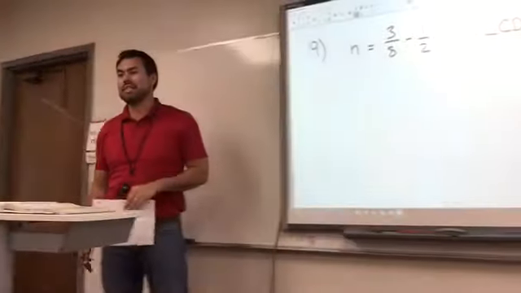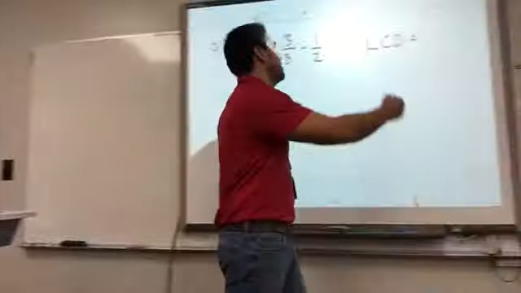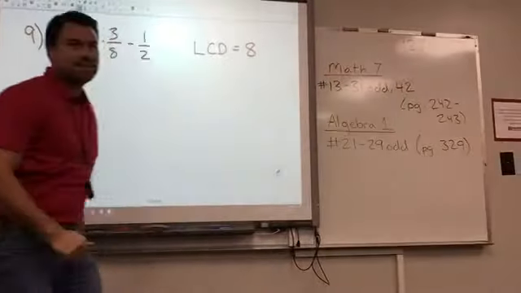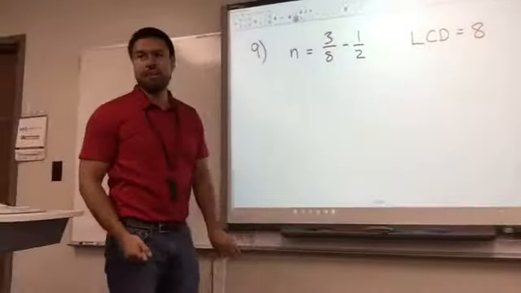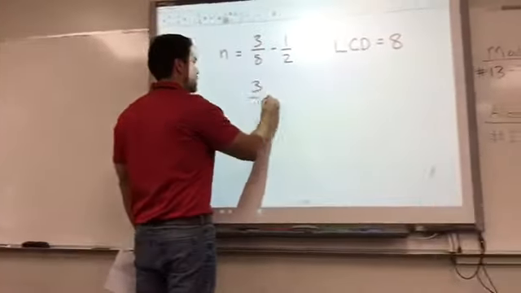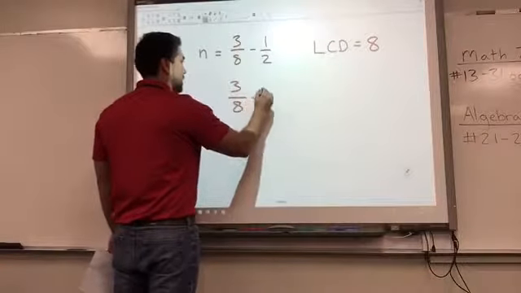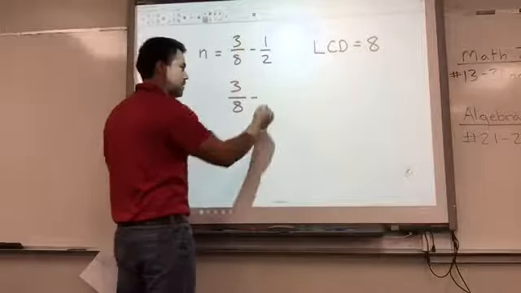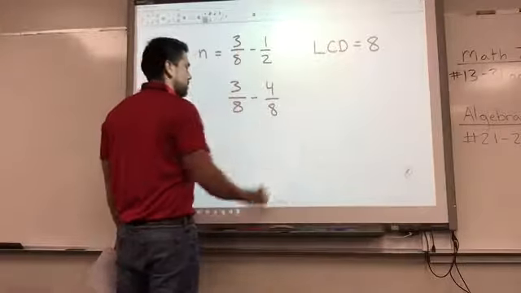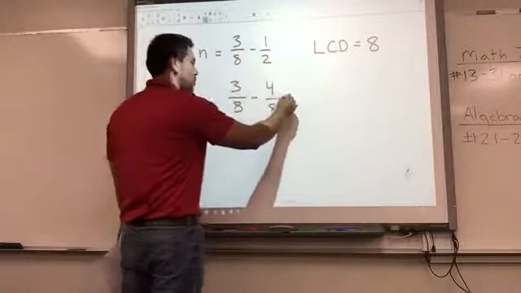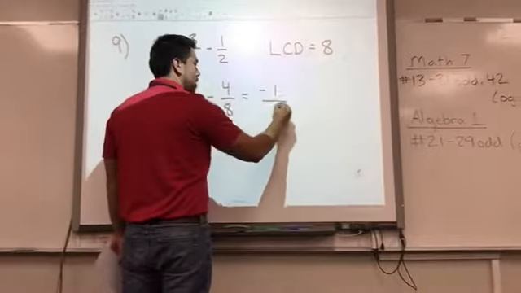Yes, what's the LCD? Oh, look how nice they are. Do I have to rename both of them? No, just one of them. I'm just going to leave 3/8 alone. And what's 1/2 renamed? 4/8. 3 minus 4, negative 1 over 8.